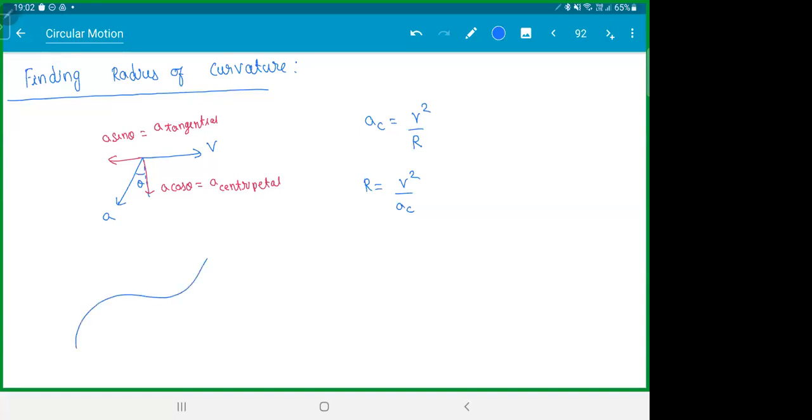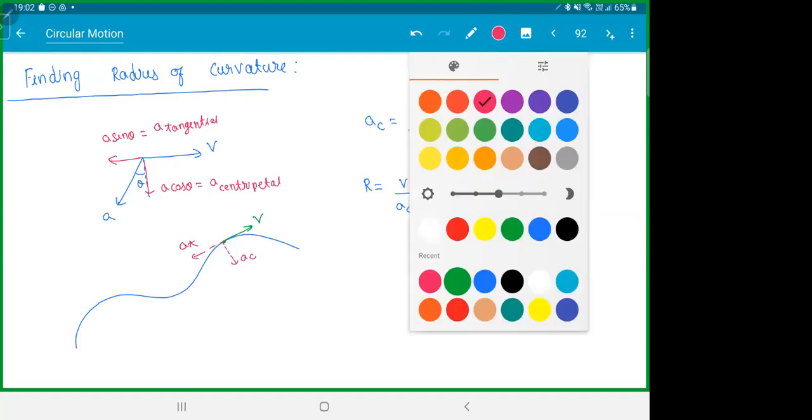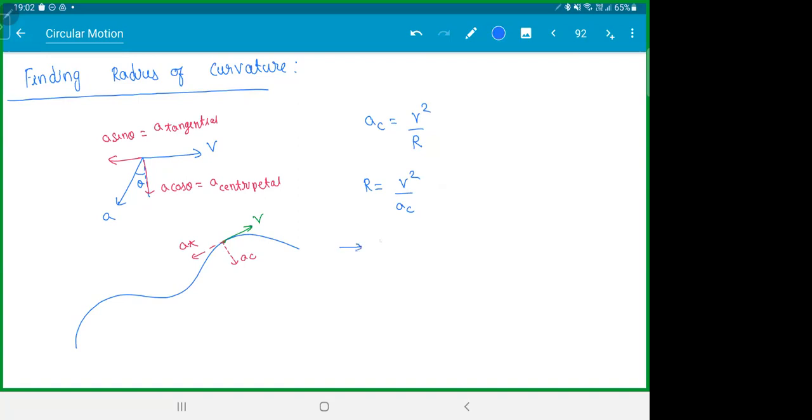So anytime you have any random curve, so let's say this object is going with velocity v, you can divide the acceleration into two parts, a centripetal and a tangential. So this is how you would resolve the acceleration along velocity and perpendicular to velocity.